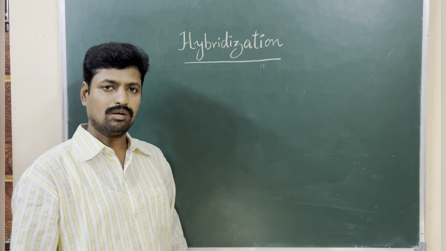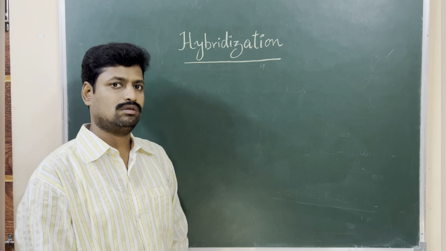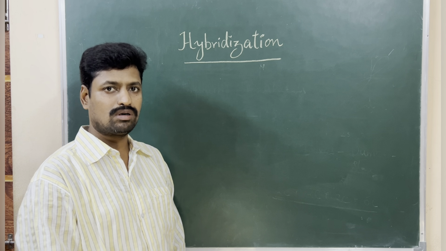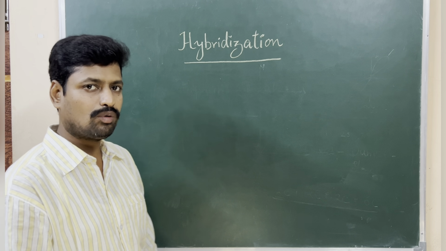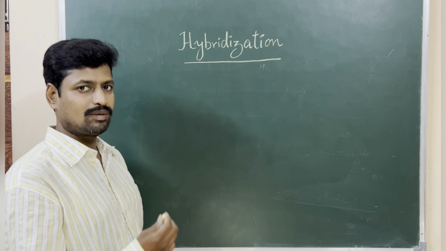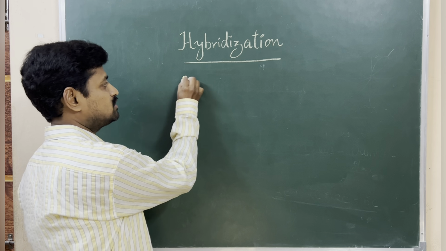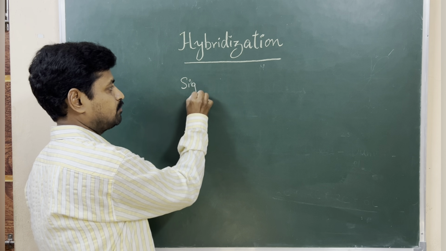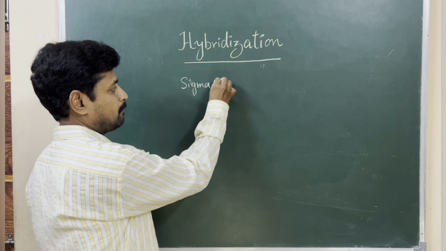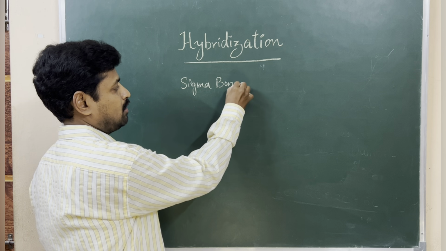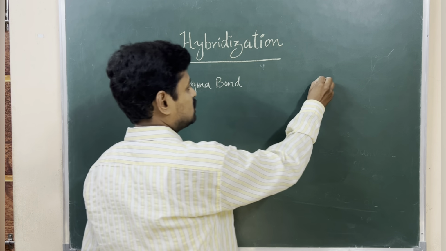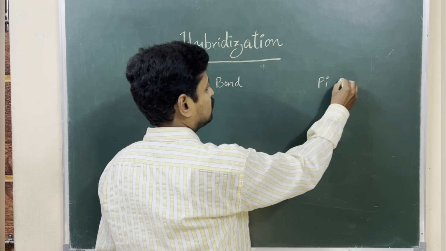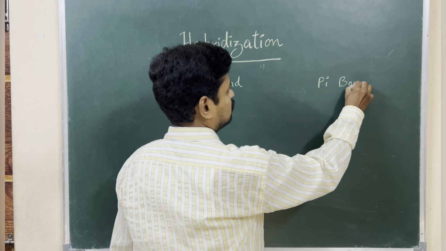Now orbitals combine to form bonds. Let us see how bonds are formed. To understand bonds, we need to understand two types of bonds. The first bond is the sigma bond. The next one is the pi bond.